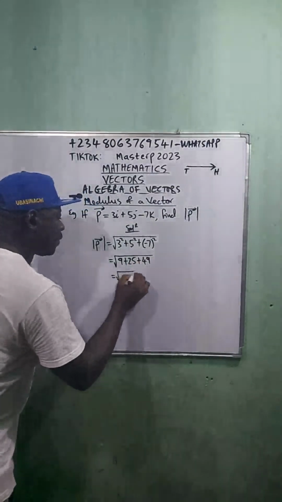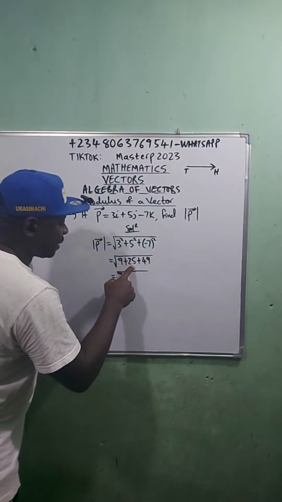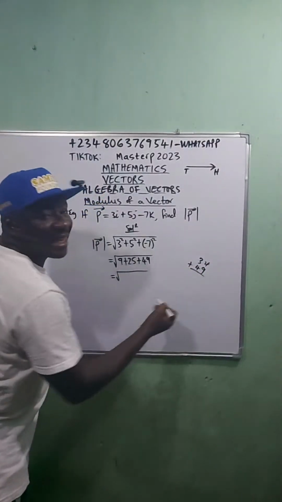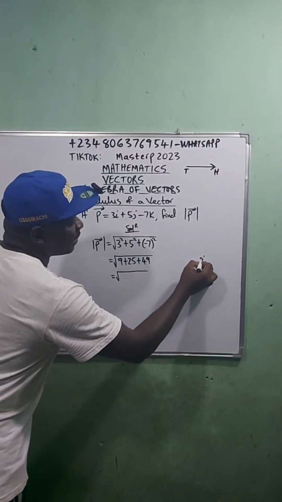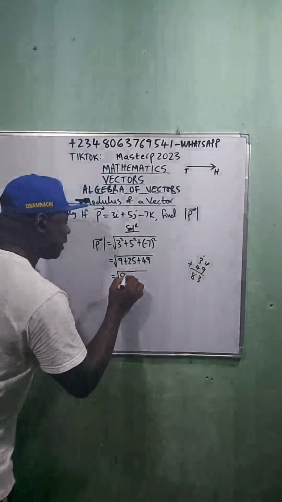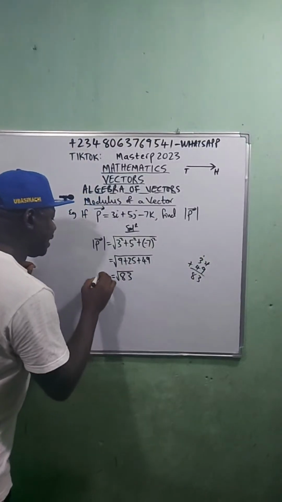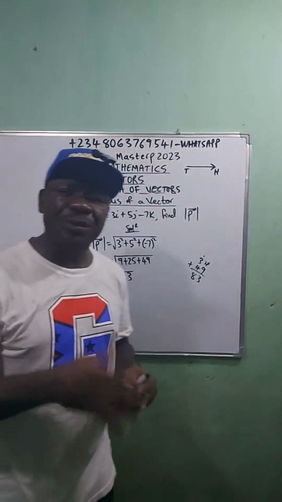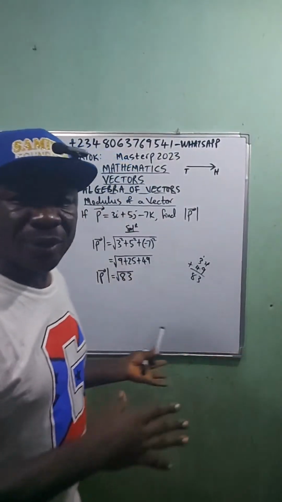So this plus this is going to give us 34, plus 49. 4 plus 9 is 13, you carry 1, add here 4, 4 plus 4 is 8. So this will be 83. And that will be the modulus of that vector, because the square root of 83 cannot be simplified further. We will not like to go with decimals.